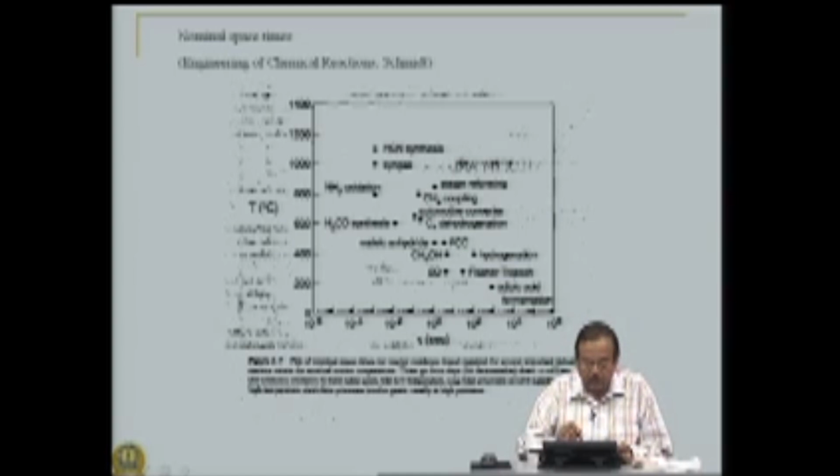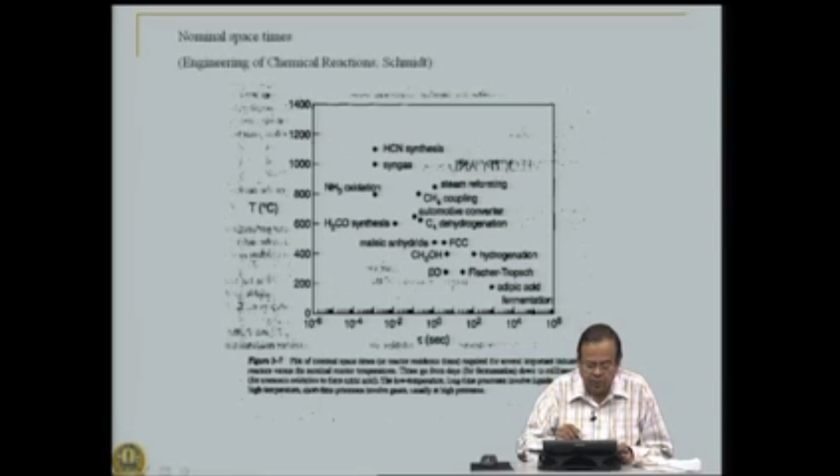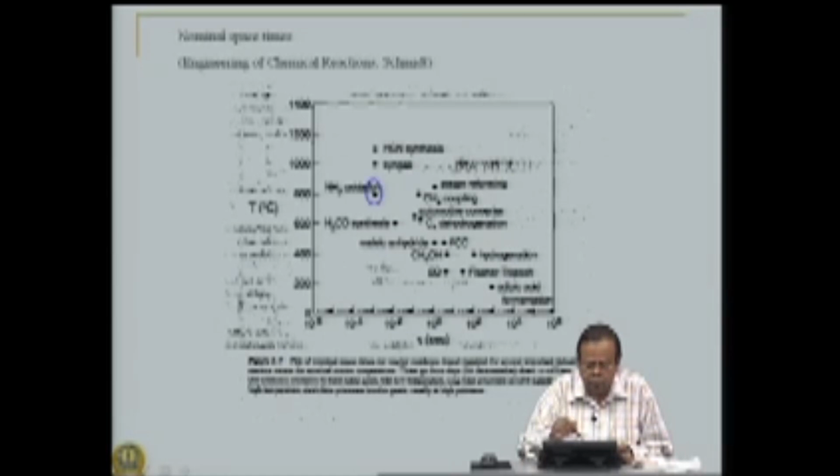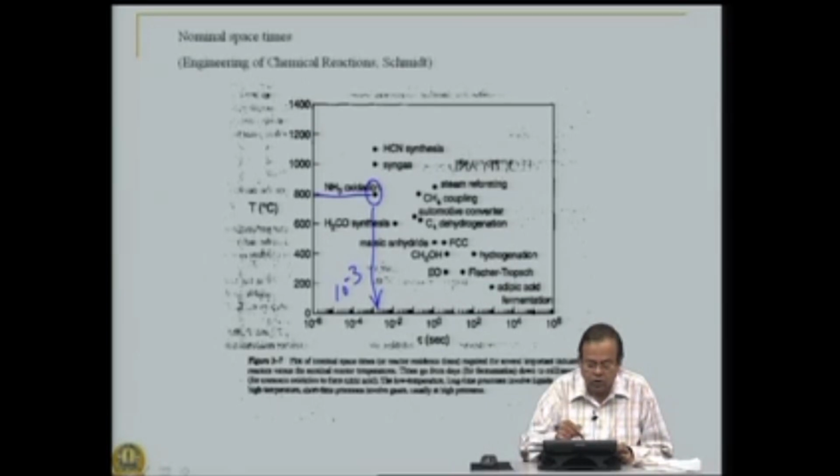Even though you are probably not able to read this, let me say that the ammonia oxidation reaction, for example, takes place at around 800 degrees centigrade, and the residence time is of the order of 10 raised to minus 3 seconds. So is the synthesis gas reaction, with similar orders of magnitude.